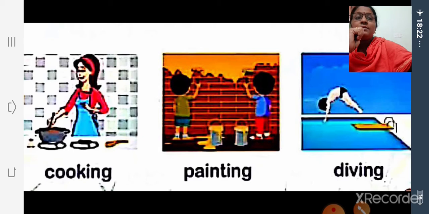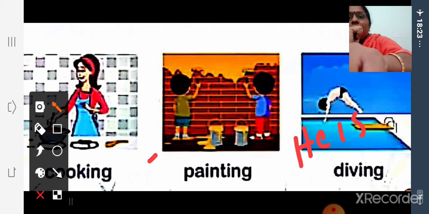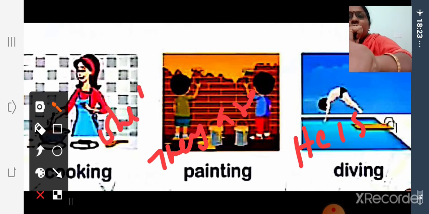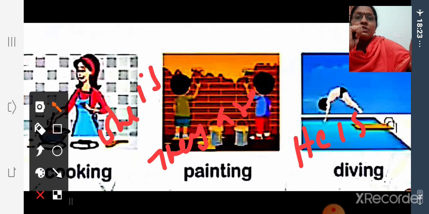So we use am, is, are before verb plus ing to tell someone about the present action, the things that are happening right now. Here he is diving. He is diving. They are painting. She is cooking. So the am, is, are plus verb plus ing form is used to tell someone about present actions, actions that are happening at the time of speaking. Okay.